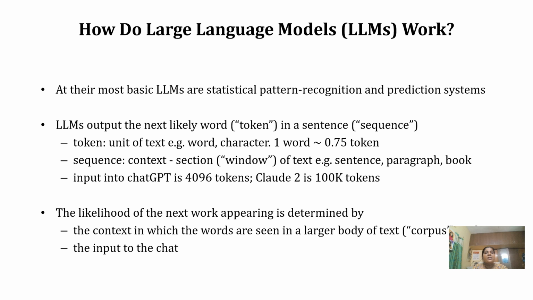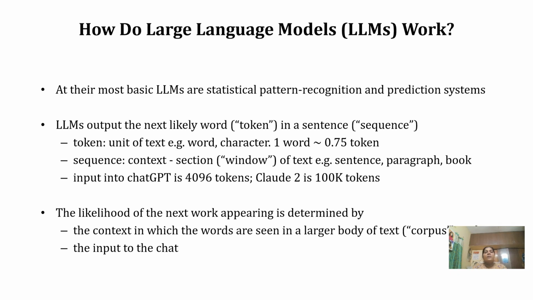They recognize the pattern and accordingly predict. LLMs output the next likely word or token in a sentence. As said earlier, a token could be a unit of text: a word, a character, or even a sentence, paragraphs, or books, depending on context.